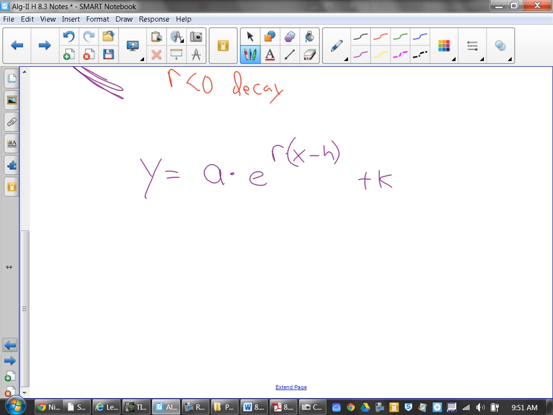It's the same idea. And these still have an asymptote. Where do you think your asymptote's going to be? They write the x minus h in parentheses in that exponent.